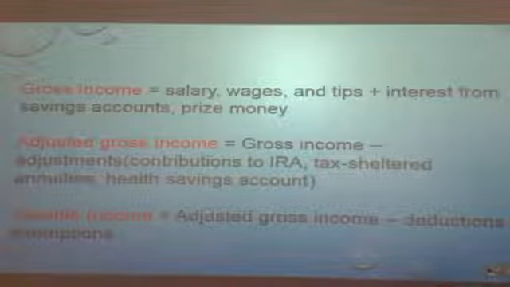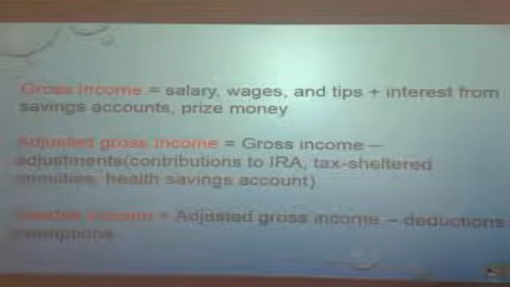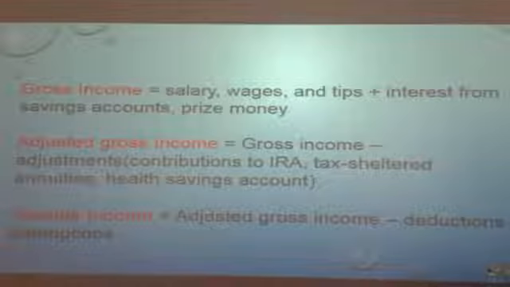So your adjusted gross income takes that dollar amount and takes off any adjustments that you have if you've made contributions to an IRA, some kind of health savings account, a tax sheltered annuity. So then really you're only going to be looking at your adjusted gross income minus any deductions and then minus any exemptions that you have.